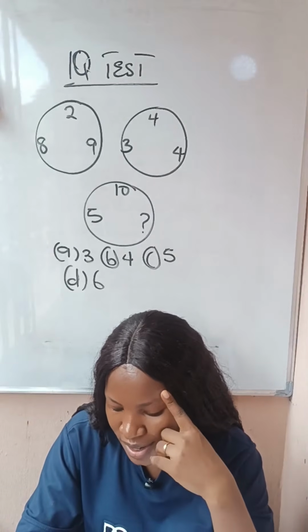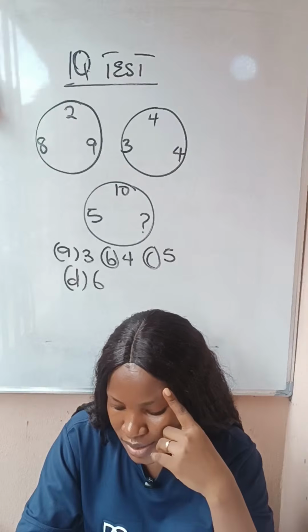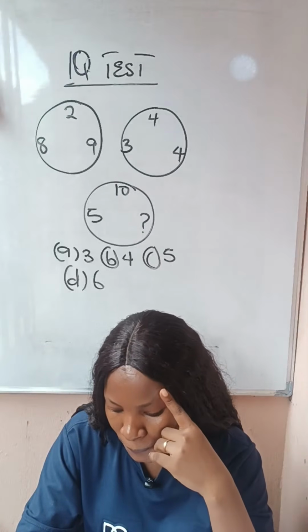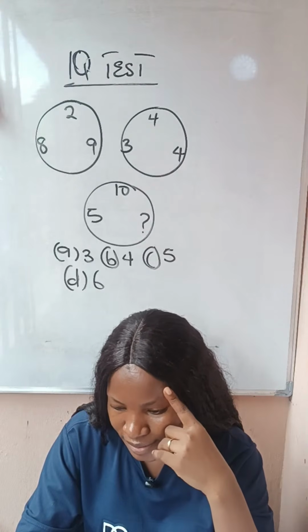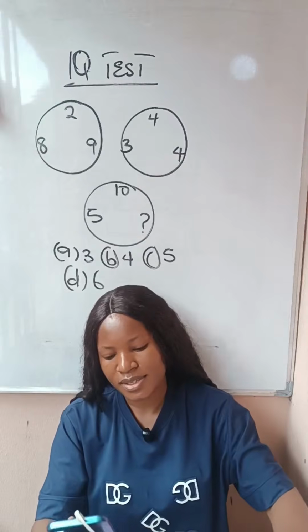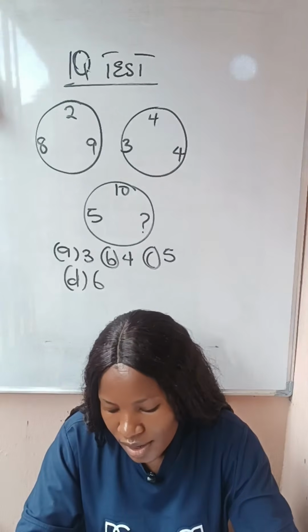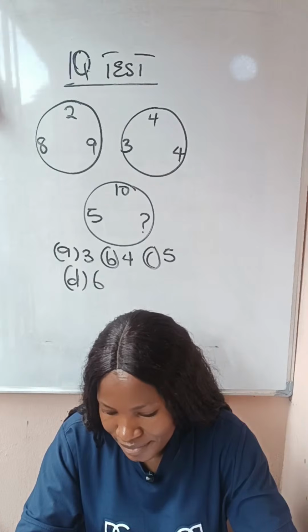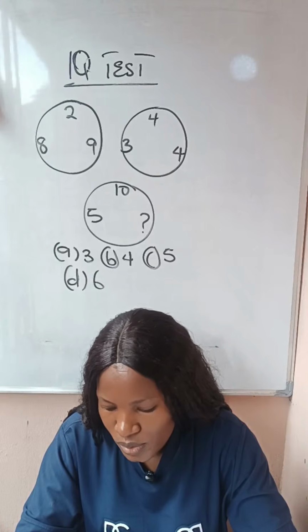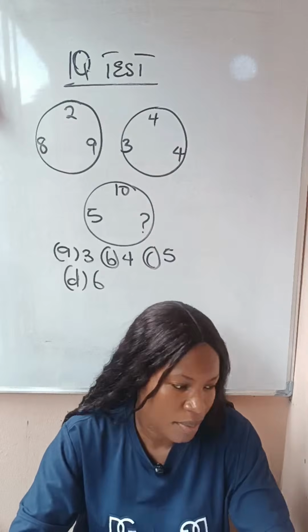APP is saying 9 plus 8, 17 plus 2, 4 times 4, 16 plus 3. Okay. Now let us check the answer. Tariq is saying 8 plus 2 minus 1 is 9. Lana is saying 1, 2, 3, 4. Okay.